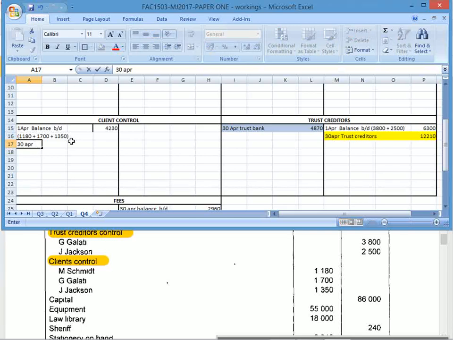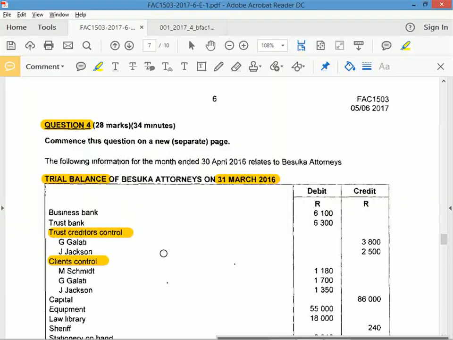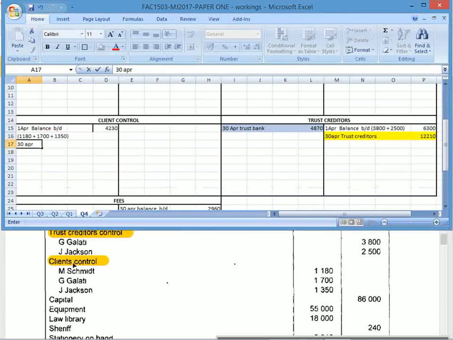this would have come from, where does this come from, guys? Think about it. It's a client, right? Yeah, it's client control, or fees in this case. Alright, so the client's control is going to go up by 1180 plus 1700 plus 1350, right?